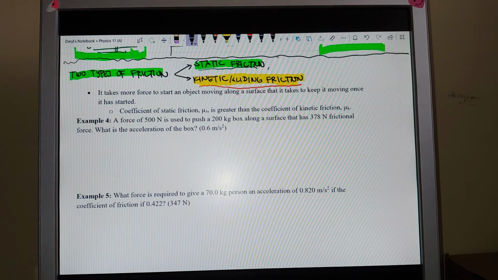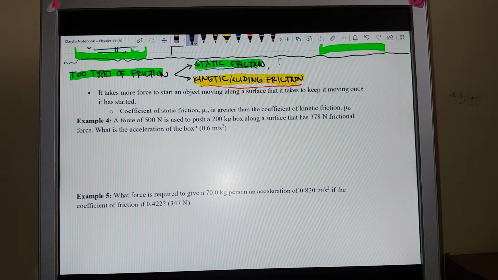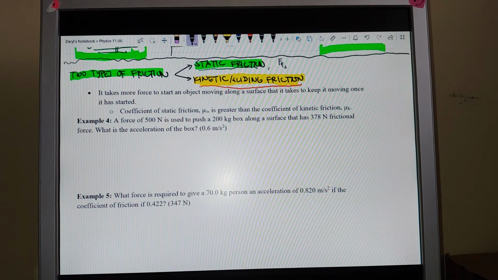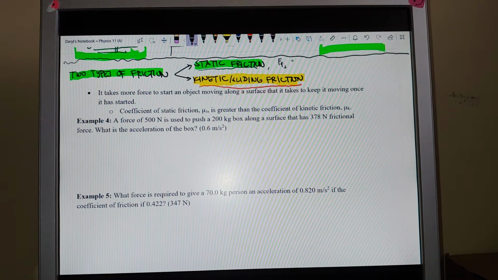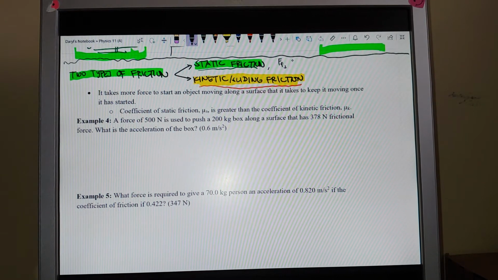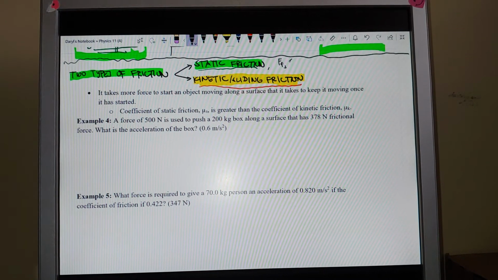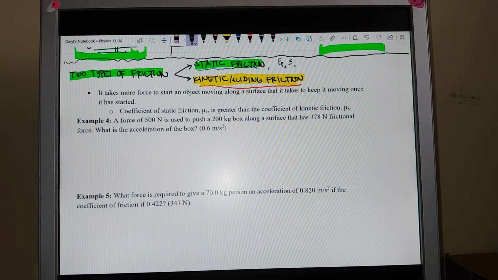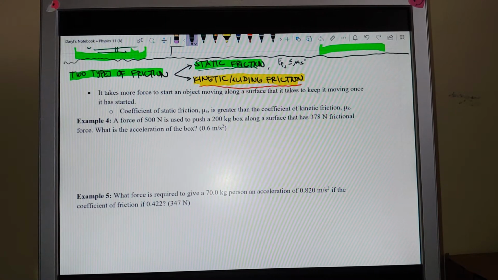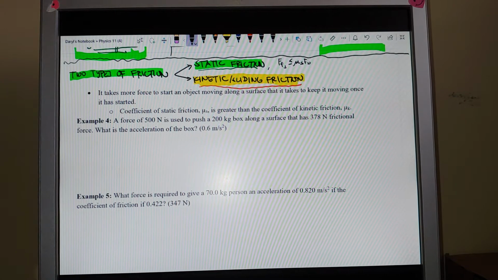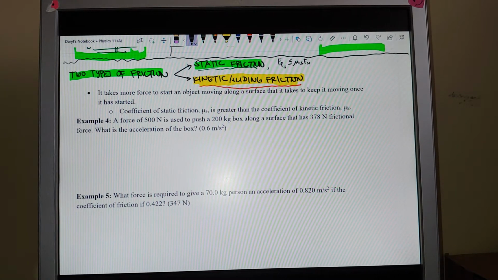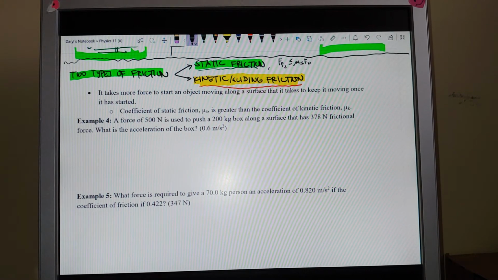For static friction, Fs should be less than or equal to mu s times the normal force, where mu s is the coefficient of static friction.